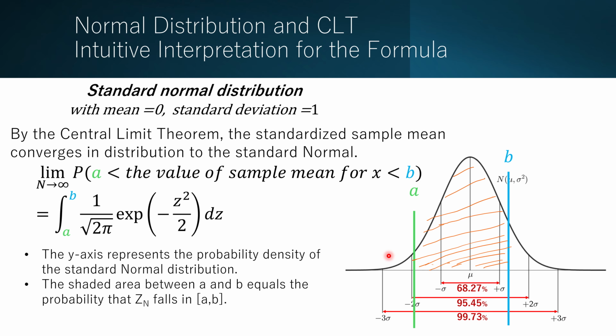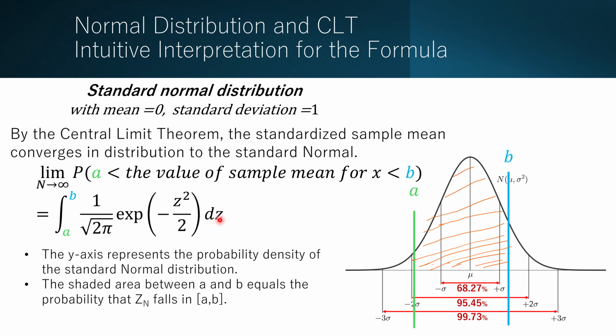This slide expresses the CLT in probability terms. It states that as n becomes large, the standardized sample means follow the standard normal distribution. That means if we take the sample mean, subtract the population mean, and divide by the standard error, the result behaves like a z-score.